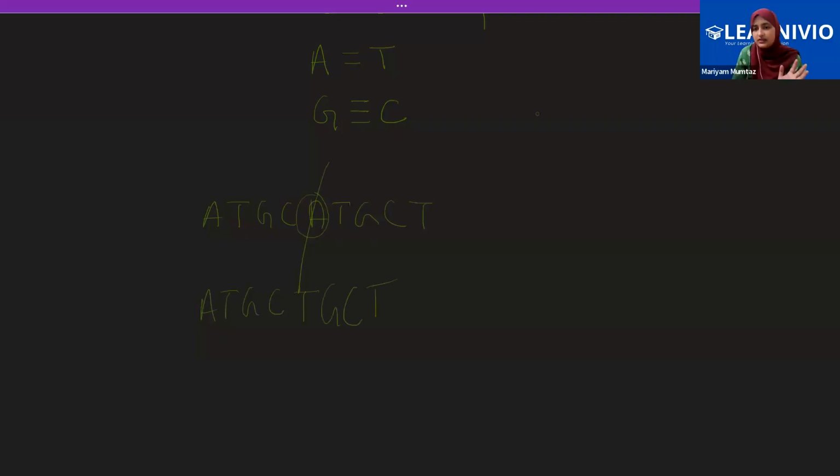This is what mutation is. Or if I add some over here, again a change happens. If only one base pair is altered in some way, that is called point mutation. If more than that happens, we call it a different kind of mutation.